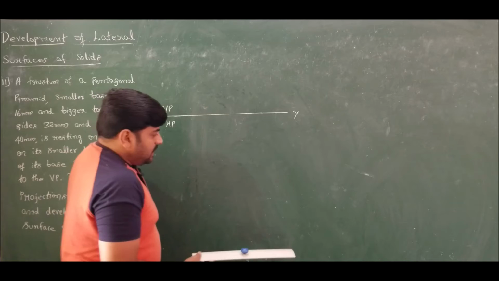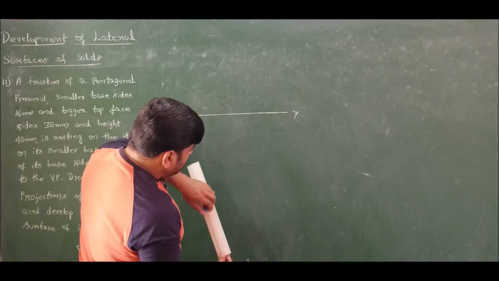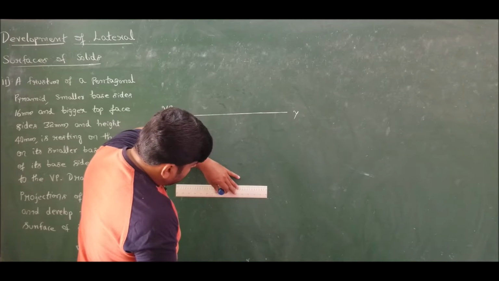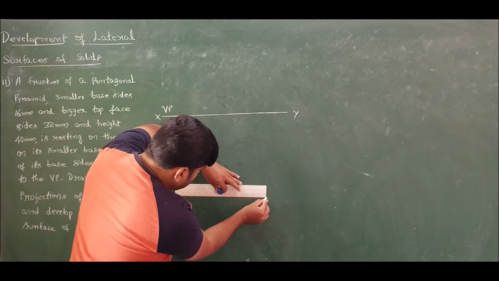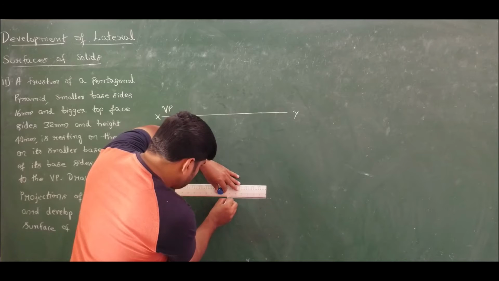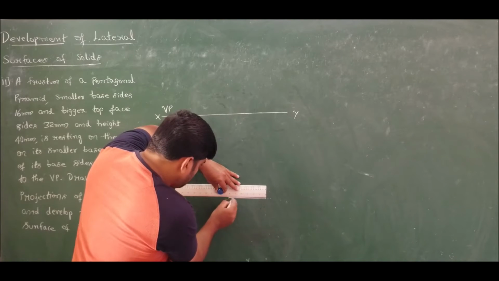In the top view I will get two pentagons, one of 32 mm side and another of 16 mm side. First let me draw the outer pentagon, which is of 32 mm side. First, let me draw a 32 mm side length.